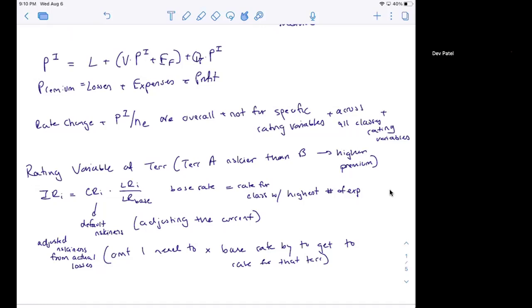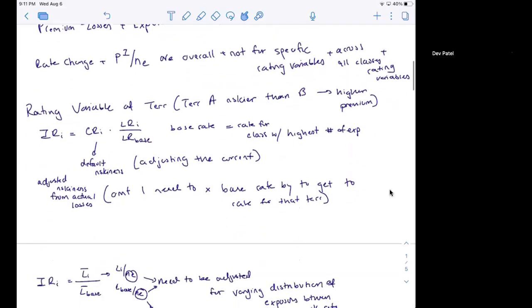Now we multiply that by the ratio of the loss ratio of class I over the loss ratio of the base, right? So that is our adjustment from the actual loss experience. So this is losses over premium, right? Losses over premium. That is our adjustment from the actual loss experience. And that represents what we have to change the current relativity by to get the indicated relativity.